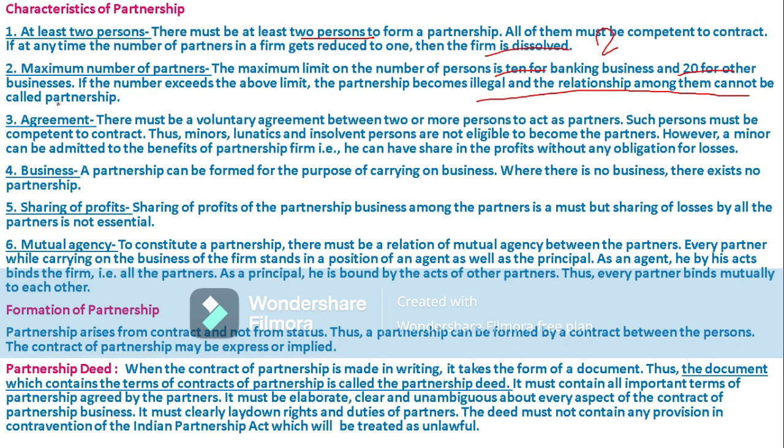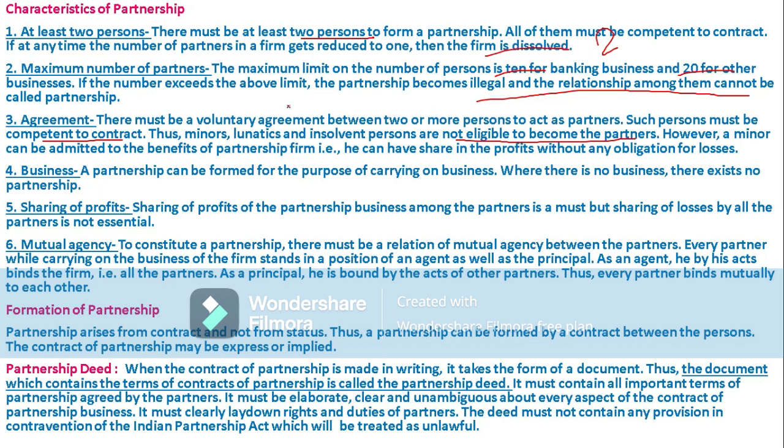Now coming to agreement. Okay, so what does agreement mean? The feature of agreement means there must be a voluntary agreement between 2 or more persons to act as partners. Okay, and such persons must be competent to contract. Competent to contract means minors, lunatic persons, or insolvent persons are not eligible to become a partner.